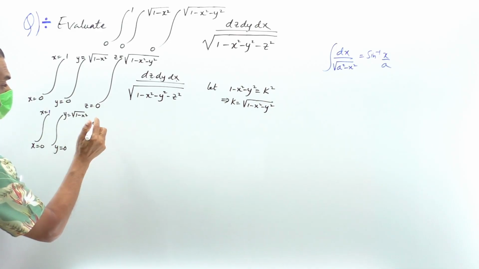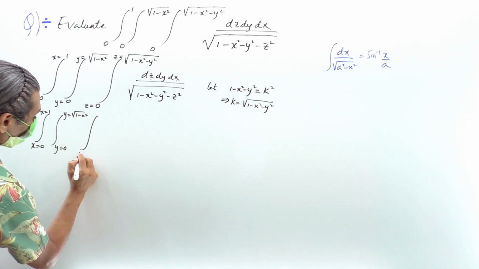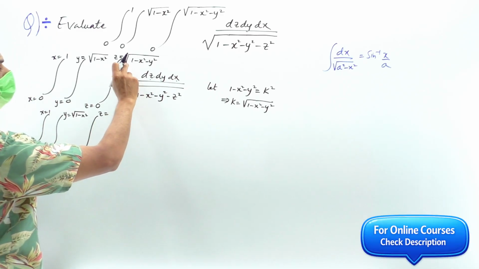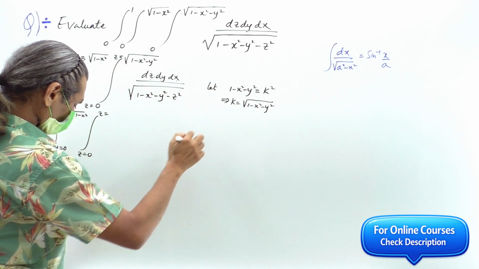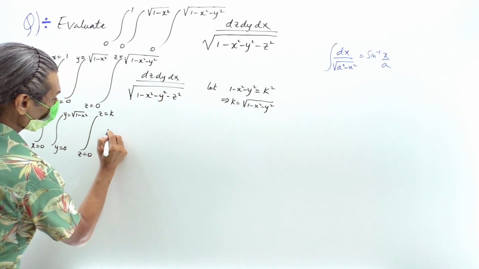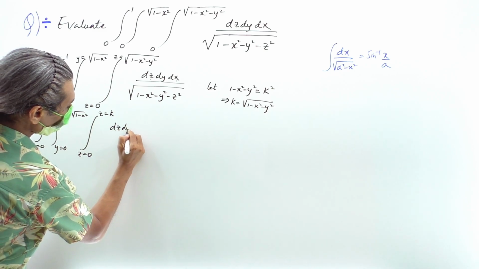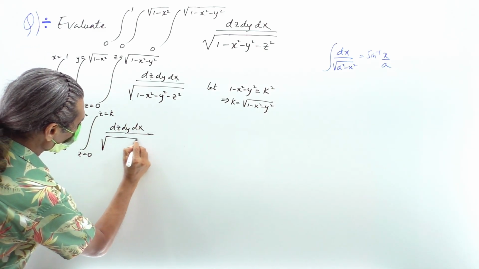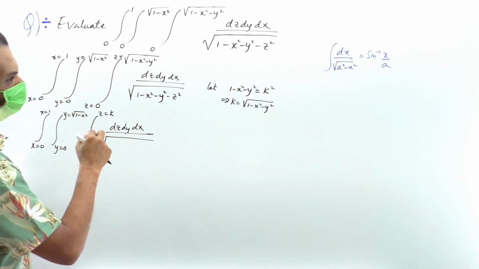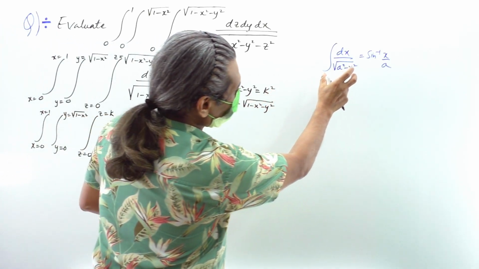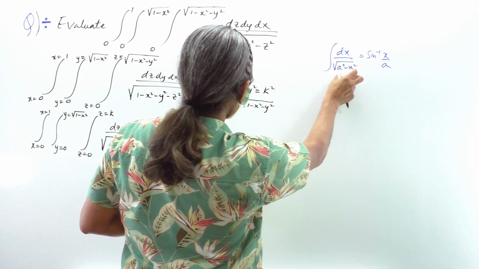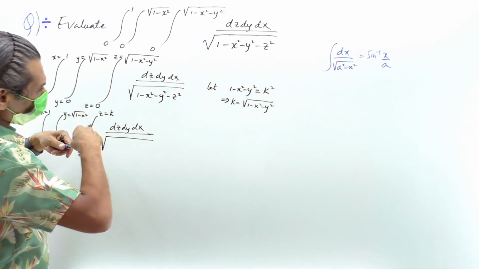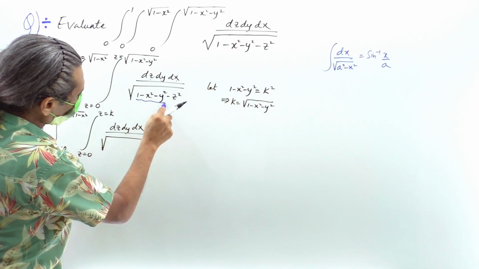Why? Because this limit will change to z equals 0 to z equals k, since root of 1 minus x square minus y square is nothing but k, dz dy dx over the whole root of, to make it match the formula a square minus x square, I have taken this whole thing as k square.